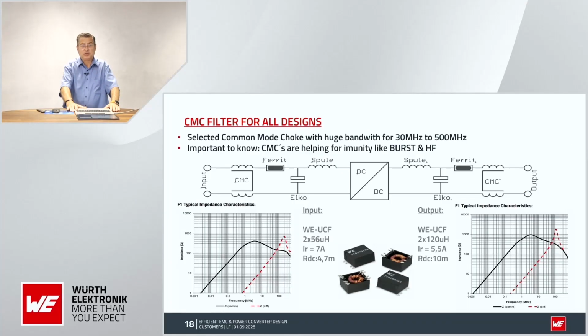Additionally, because we will measure the DC-DC converter with wires, meaning an output wire to the load and an input wire to the LISN, these wires can act like antennas. When we want to measure radiated emission in the anechoic chamber, I'm afraid of having these antennas, and that's the reason we put a common mode choke on the output and a common mode choke on the input.